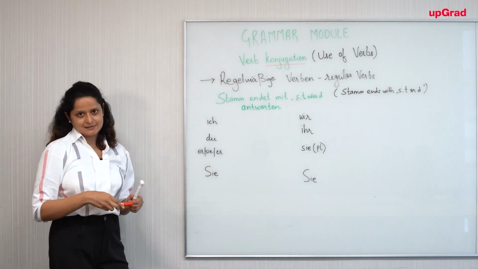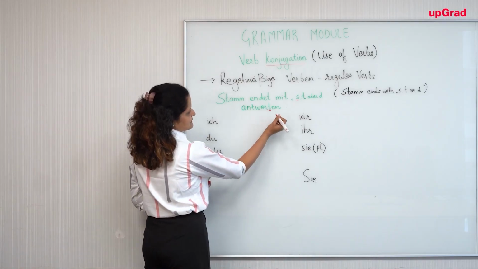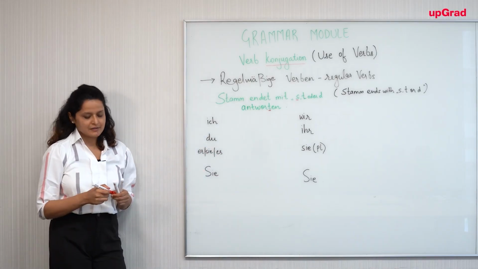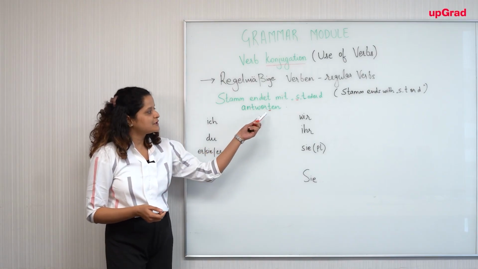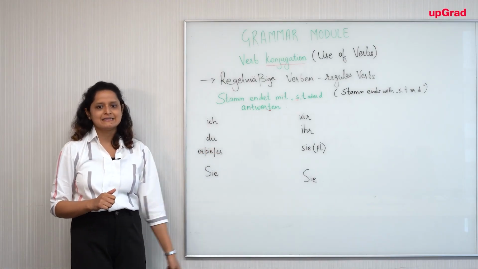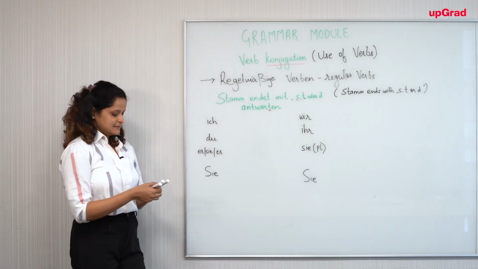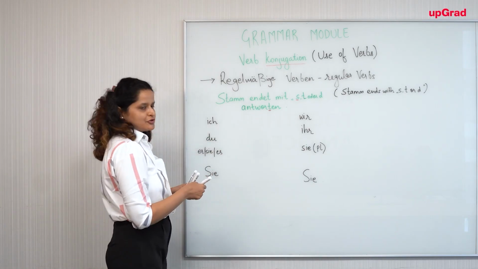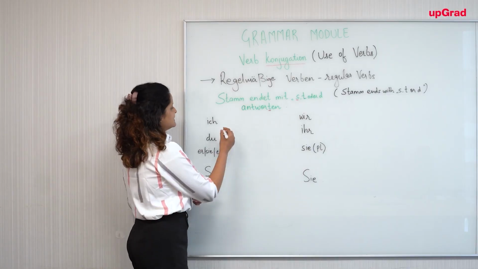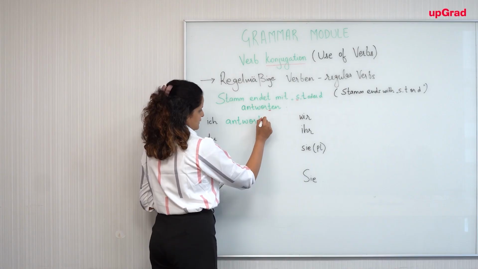So if somebody asks you a question, the reply that you give is called the verb antworten. Now the stem here ends with T. Again, when it comes to the conjugation of verbs like this, there is a slight change that we need to take into consideration. Ich, we conjugate it as we have learned previously, no change. So it becomes ich antworte.